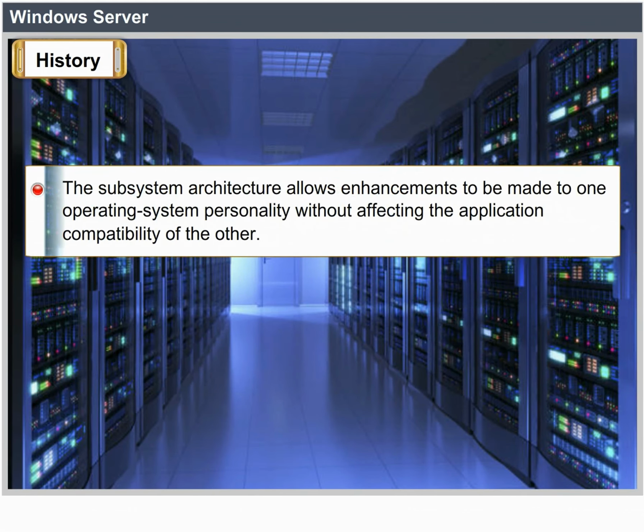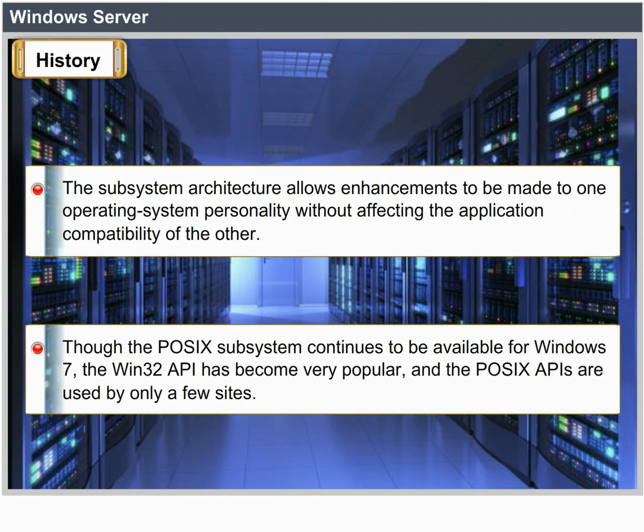The subsystem architecture allows enhancements to be made to one operating system personality without affecting the application compatibility of the other. Although the POSIX subsystem continues to be available for Windows 7, the Win32 API has become very popular and the POSIX APIs are used by only a few sites.